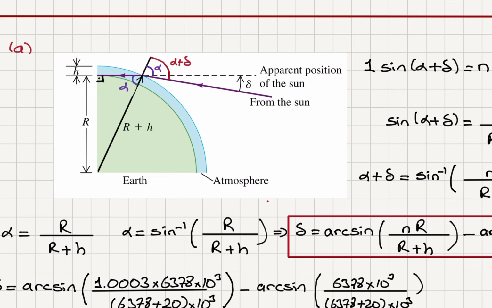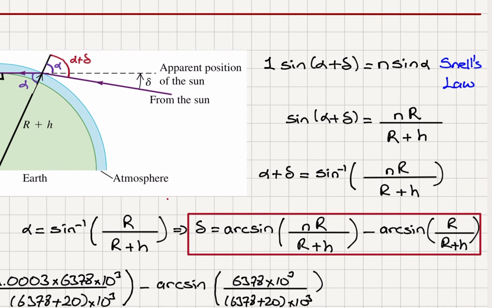If the angle of incidence with respect to the normal to the surface, at the interface between the atmosphere and space, is alpha plus delta, then alpha is the angle of refraction when it enters the atmosphere. This is the angle the refracted ray makes with the normal to the surface.